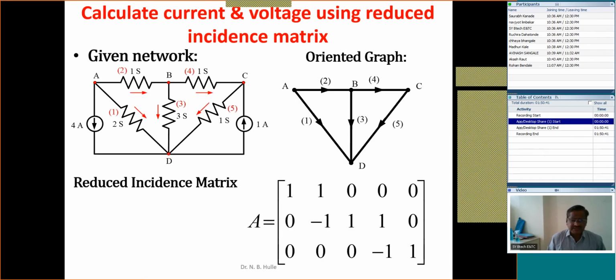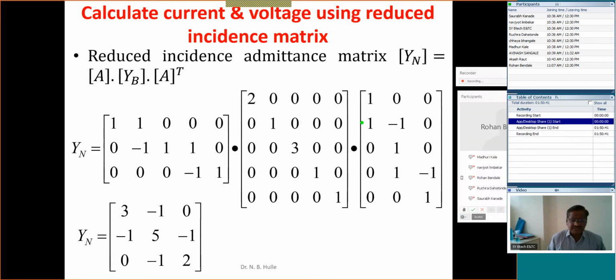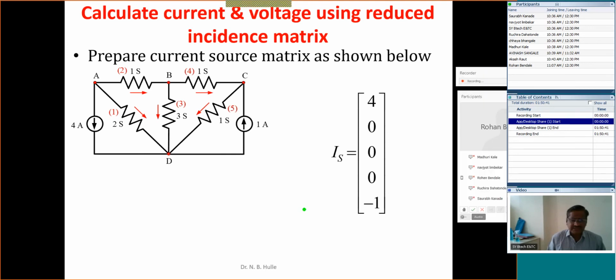For this oriented graph, we have prepared this reduced incidence matrix. For this, we have prepared this YB, the branch admittance matrix. From it, using the relation YN is equal to A into YB into A transpose, we have prepared the YN, and after that, this IS. Up to this, there should not be any difficulty.